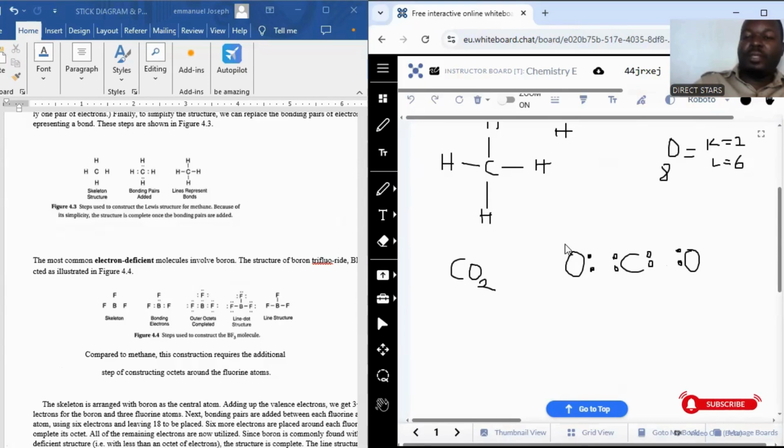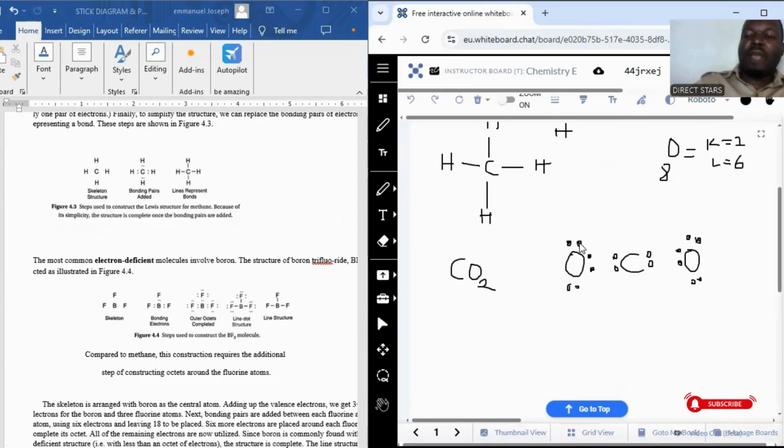And then the rest 4, because we have 1, 2, it's supposed to be 6, so you can just put 2 here, 2 here, making 6 all together. And then I can also place 2 here and 2 here, making 6 all together. So it means I've represented everything together.